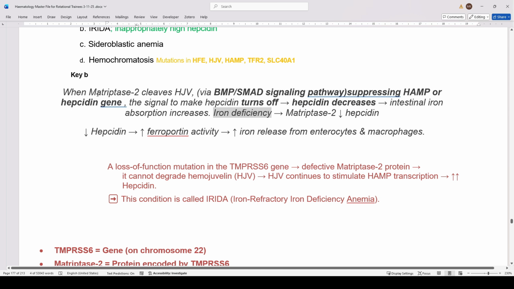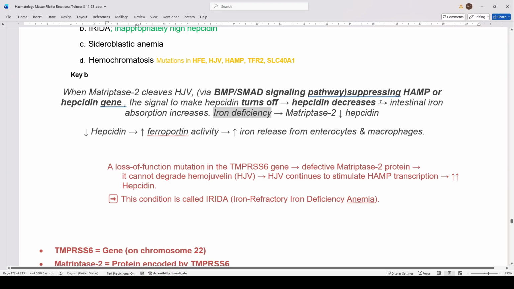Okay, what is the normal function of matriptase 2? Normally it cleaves hemojuvelin. Then the BMP SMAD signaling pathway suppresses HAMP, the gene that encodes hepcidin. So the signal to make hepcidin turns off. Whenever matriptase 2 cleaves hemojuvelin, HAMP will be reduced and hepcidin will be turned off.